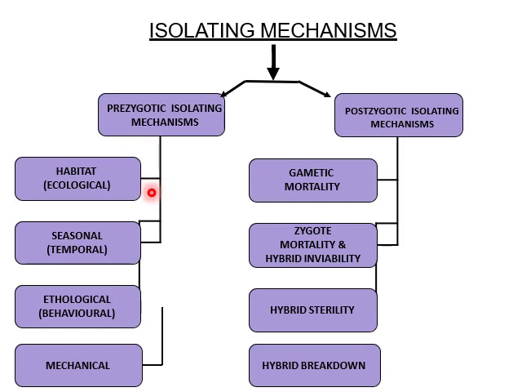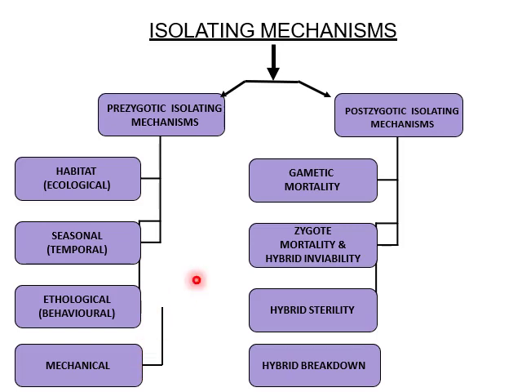Number one is habitat isolation, which may be called ecological isolation, and number two is seasonal isolation, or temporal isolation. The third is ethological isolation, or behavioral isolation, and the last one is mechanical isolation.